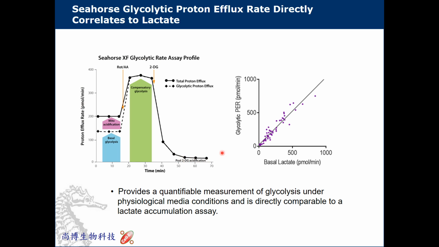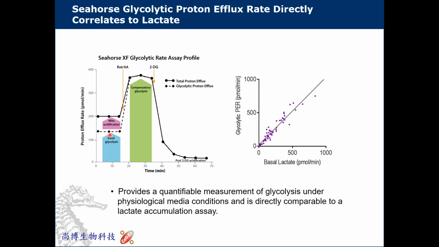After the experiment, we export the raw data to the report generator. The report generator will do the calculation for us. It will take the total signal and subtract the mitochondrial acidification, so you get the real basal glycolysis of different cells.